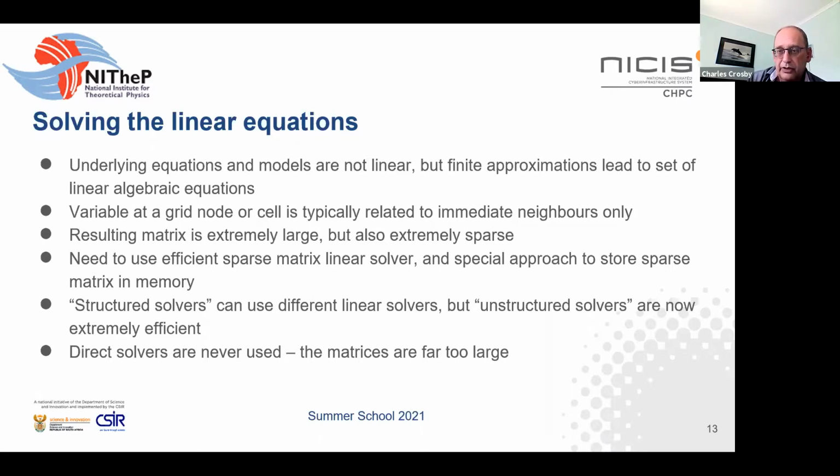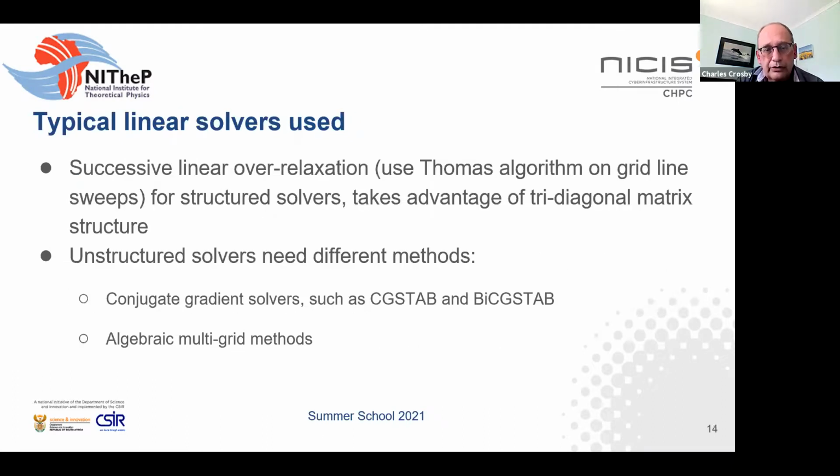So you never use direct solvers because the matrix is just far too large. The typical solvers used, if you're still working with structured methods, still use successive line over relaxation. In other words, instead of using a line-based method to solve a one-dimensional problem, you're using that same line-based method, but you're scanning it in various directions through the blocks of the grid.